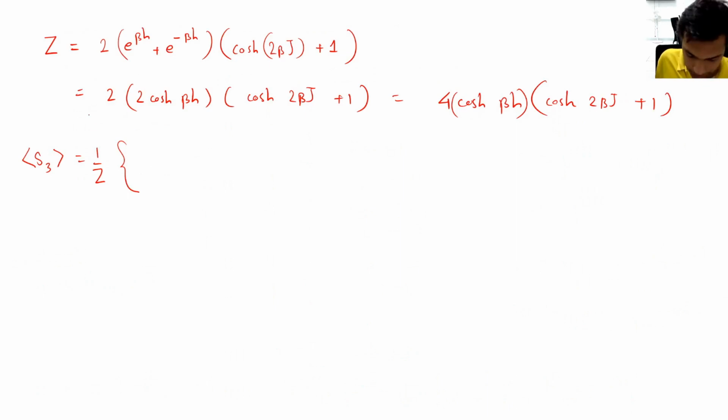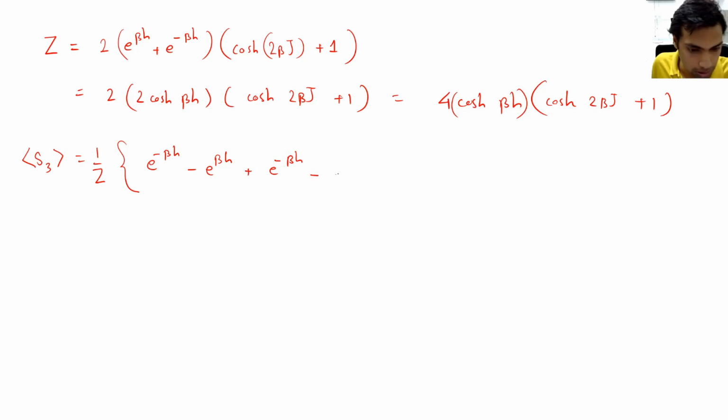So it will be e to the power minus beta h minus e to the power, so I'm just rearranging this so that it is easy to understand how the calculation is going on.